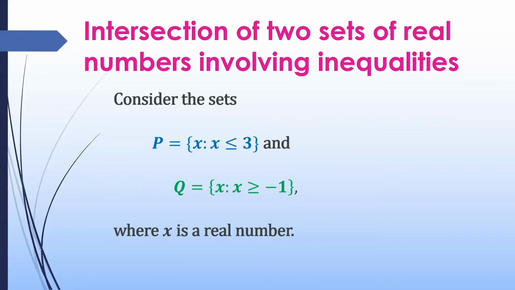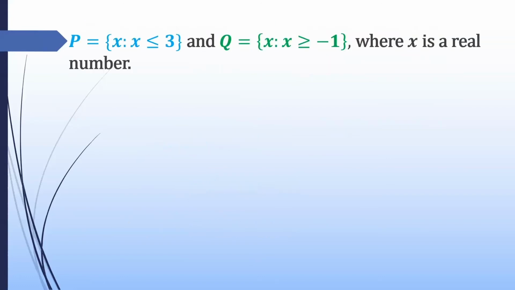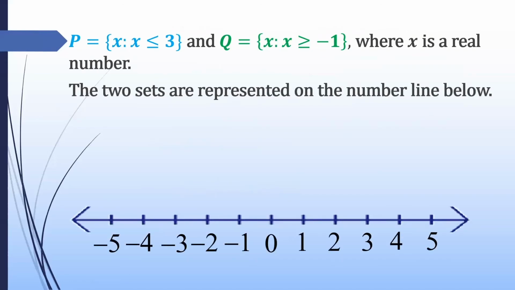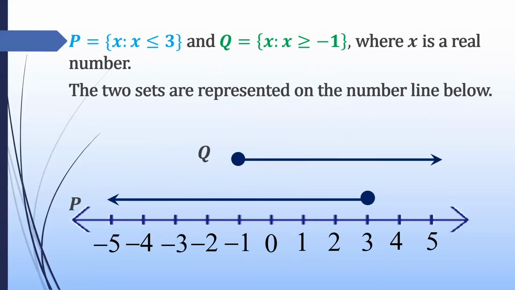We are now going to represent the sets P and Q on a number line. So I'm going to have a full circle at 3 with my arrow pointing to the left for the set P. For the set Q, I'm going to have a full circle at -1 with my arrow pointing to the right. Now, I need to find the intersection of these two sets.